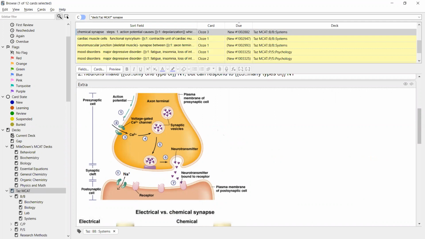Once the action potential arrives, that triggers a voltage change in the axon terminal, voltage-gated calcium channels open, calcium comes in, and calcium actually has the ability to move these vesicles to the end of the axon terminal. What's inside these vesicles are just stored neurotransmitters. So once they get the signal from calcium, they move down to the end and release the neurotransmitter. The neurotransmitter travels across the synaptic cleft and binds to the receptors on the postsynaptic neuron.